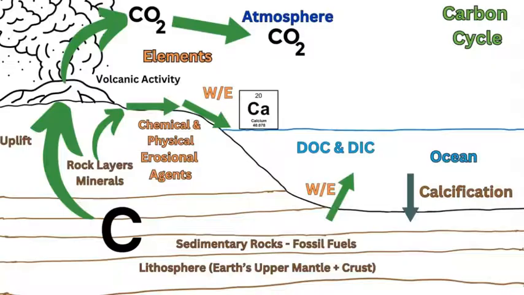But the main principle here is that the carbon starts in the rock layers as the main, abundant volume of carbon, and is then transferred within the other carbon sinks throughout the Earth's spheres and then back into the rocks as that completed cycle.